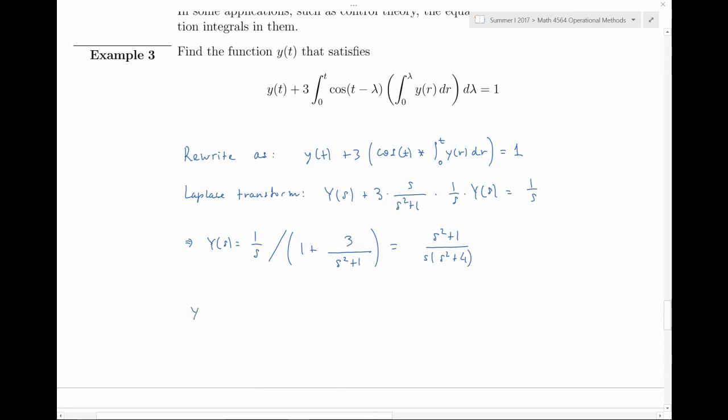The inverse Laplace transform of one quarter over s plus 3/4 of s over s squared plus 4.